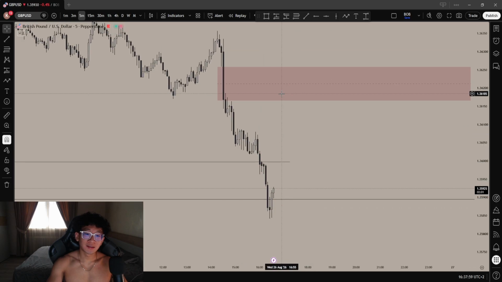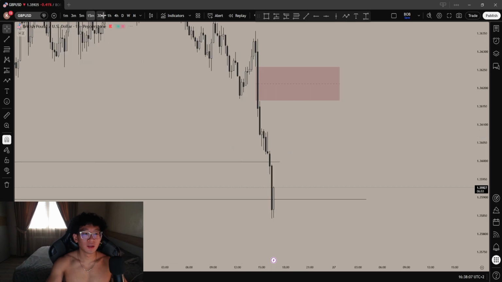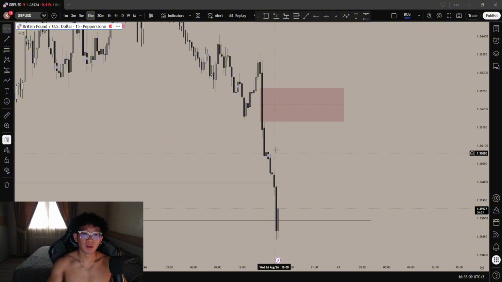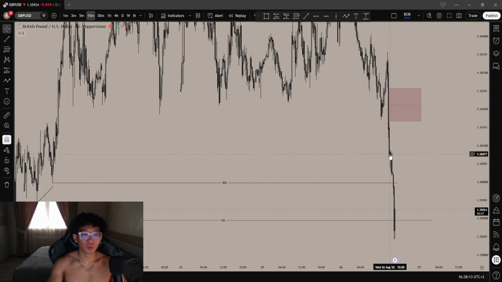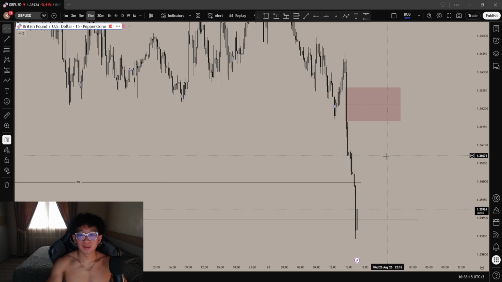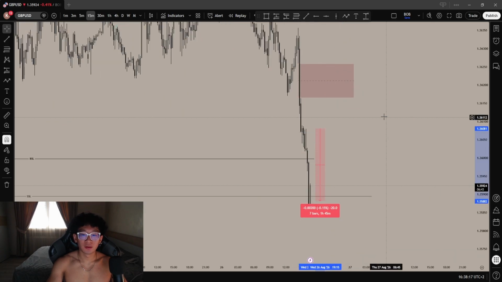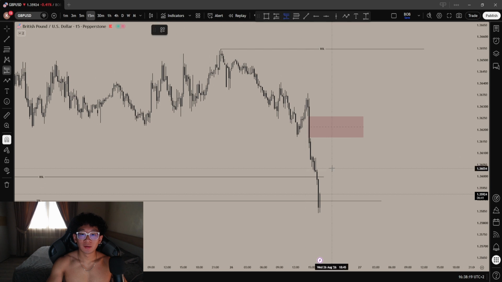But at least I wanted to see price get into this range right here, because as you guys can see here, we did not have any type of higher time frame support from this area right here, and you would have been just a blind sell into the void, and the risk to reward was just not there.